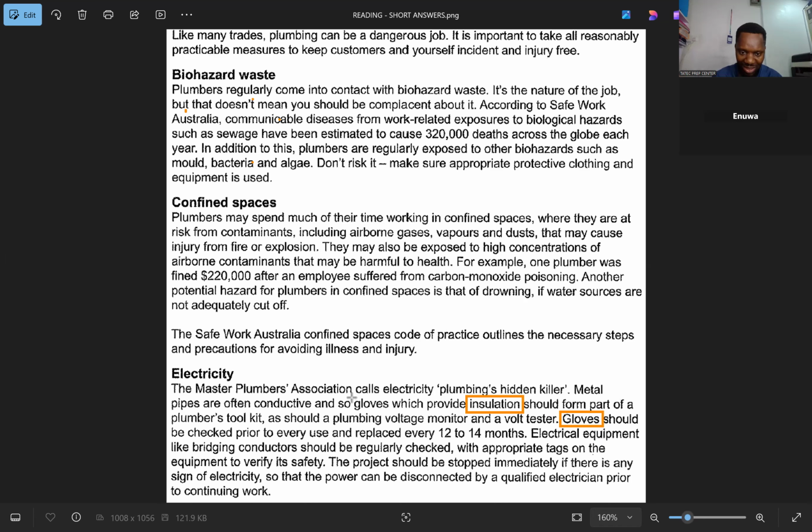Look at it. It's mentioned here very clearly. Gloves which provide insulation should form part of a plumber's toolkit. So it simply tells us that gloves is the right answer. Let's quickly look at the question again.